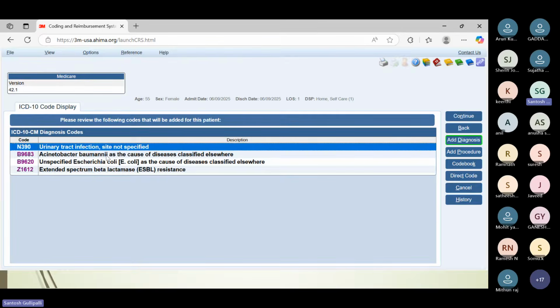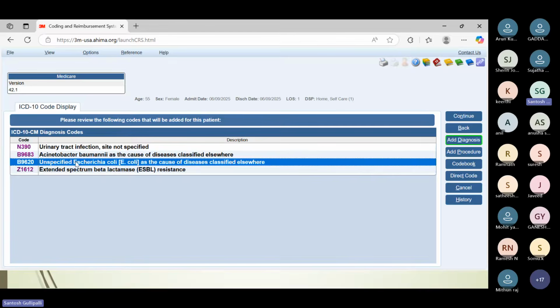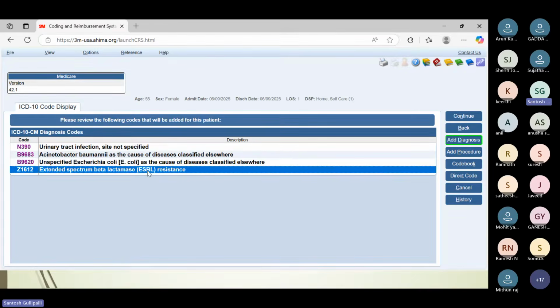I think I accidentally clicked another option, which is why Acinetobacter also came up. So UTI due to E. coli, and the E. coli is due to ESBL, extended beta lactamase. This is drug resistance.